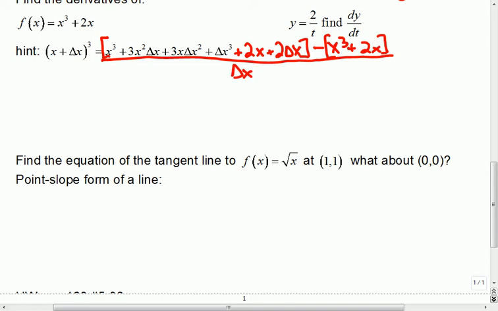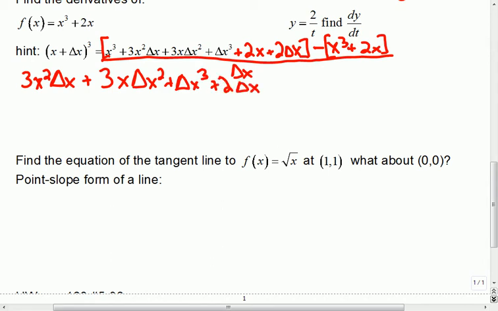If you've done the expansion of this and we're trying to collect up and simplify our like terms, then what I get left over would be 3x squared delta x plus 3x delta x squared plus delta x cubed plus 2 delta x.